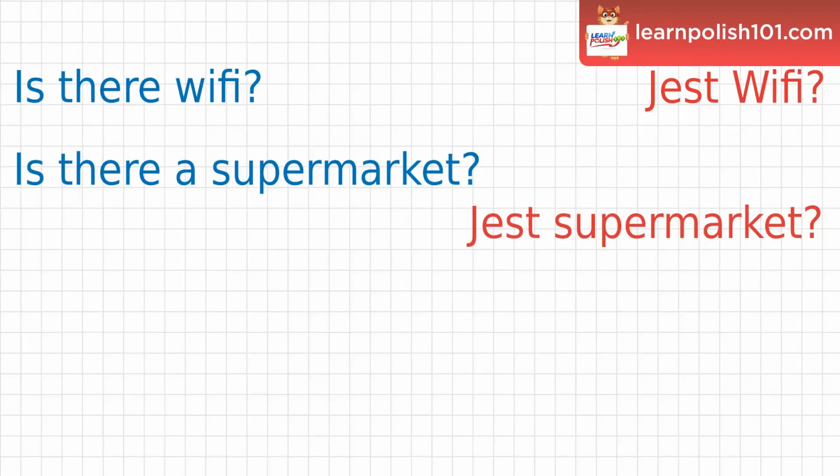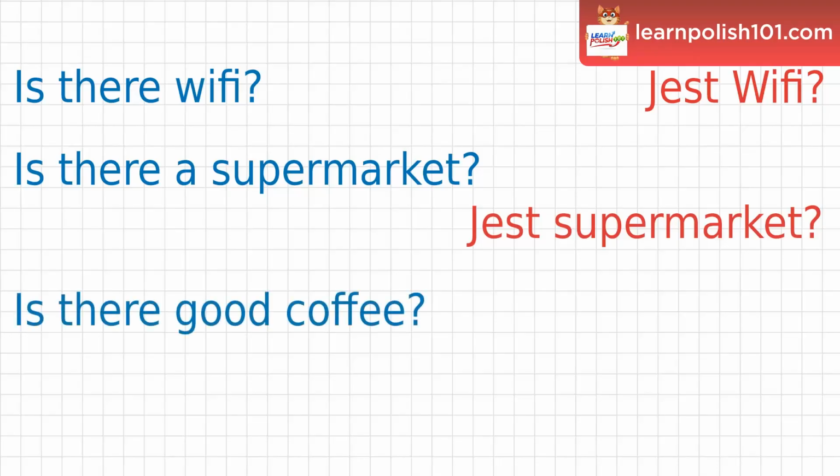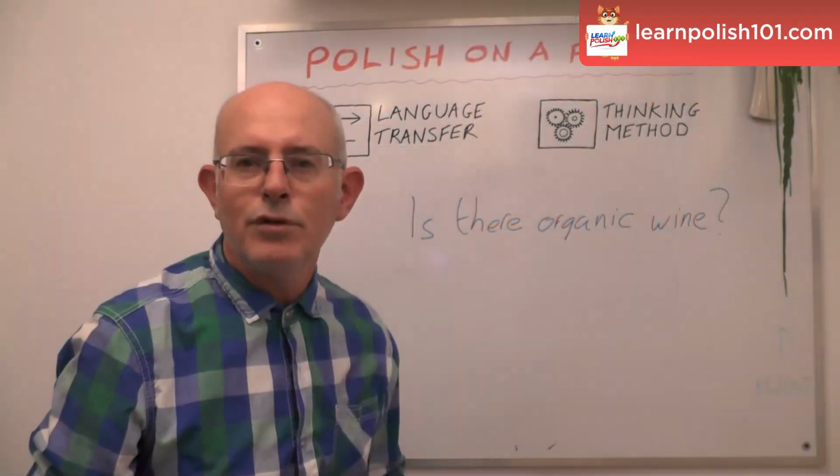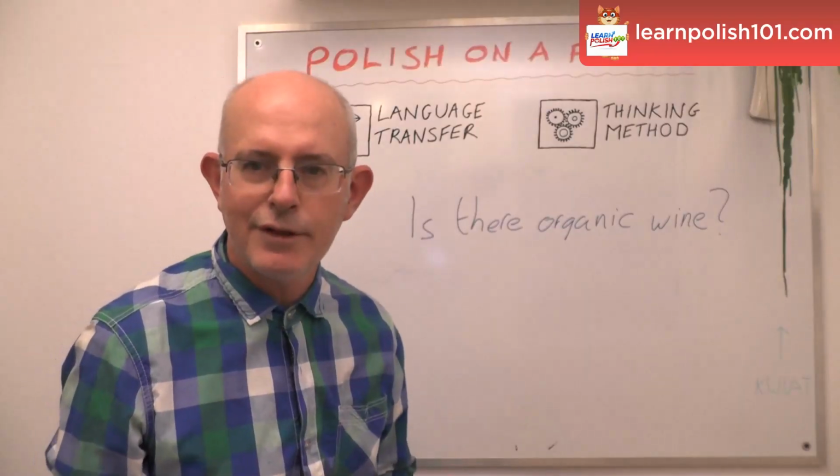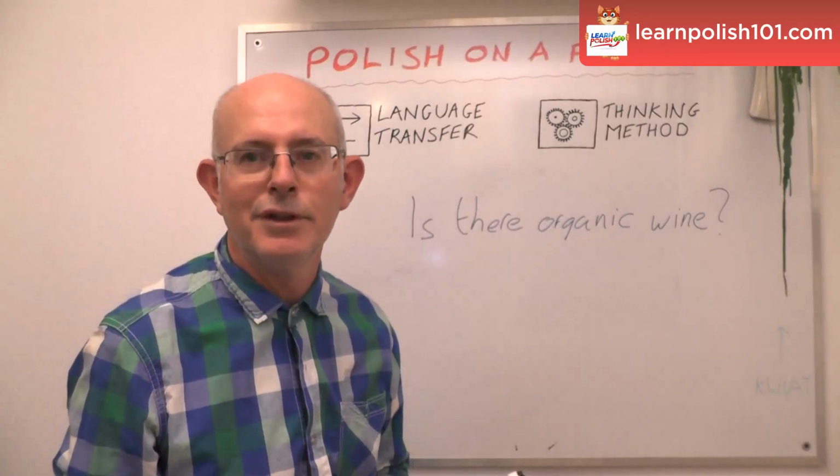So someone's given us directions to the supermarket, we've got inside, we want to know where the good coffee is. So is there good coffee? Jest dobra kawa? Now, of course, we might want to use is there to actually find out if something actually exists or not.